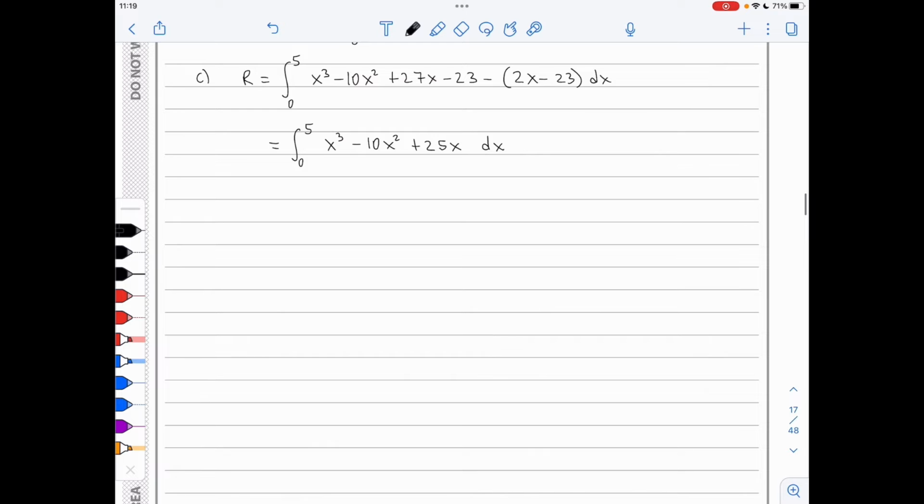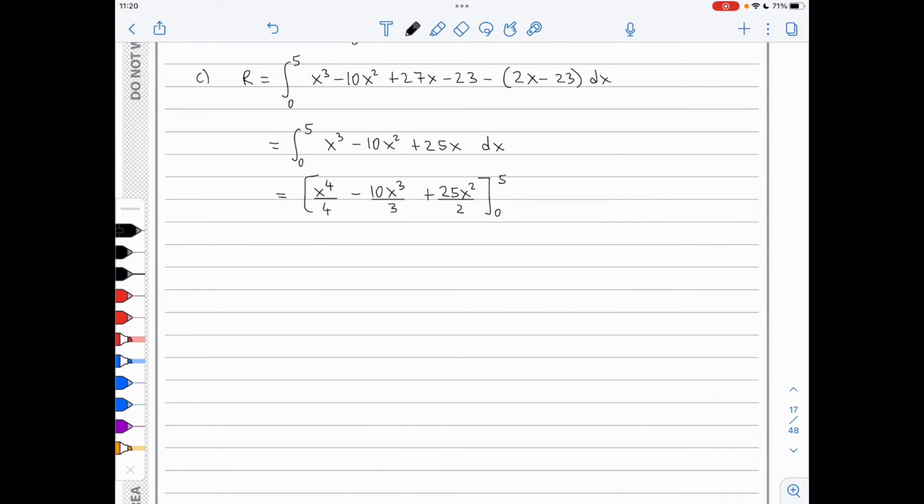And then I will integrate. I increase the power by 1, divide by the new power. So x to the 4 over 4, minus 10x cubed over 3, plus 25x squared over 2. My limits are 0 and 5.